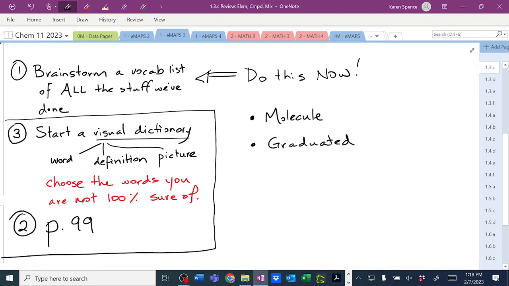So I've started you off with a couple words just to give you some ideas. Carry on from there. See how many words you can get. Help yourself to paper. There's lots at the back.